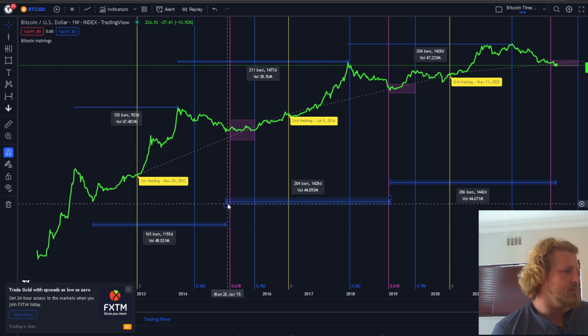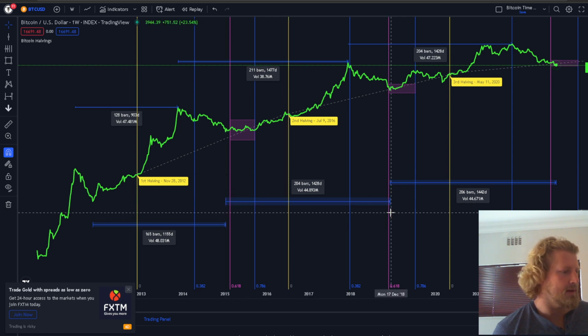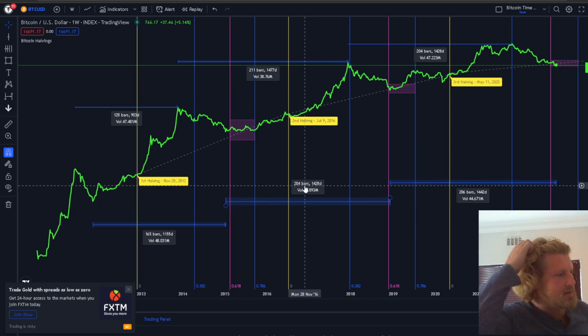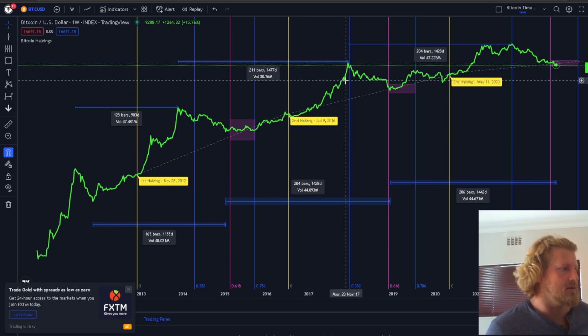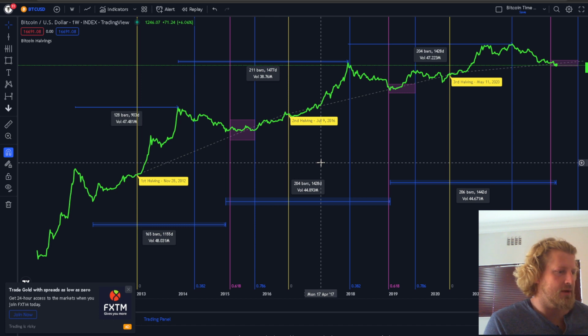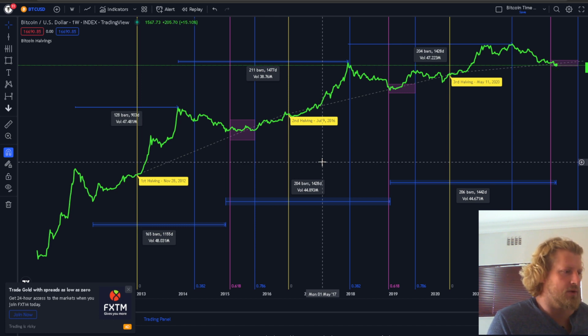If we measure the bottoms from 2015 to 2018, you can see that it lasted 204 bars. So what we can see here is that these cycles tend to last on average about 208 bars, or in other words 4 years, right?